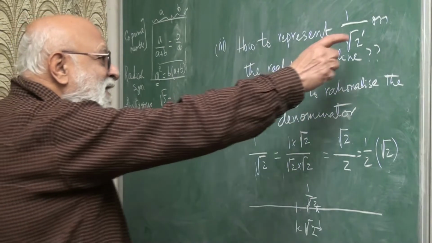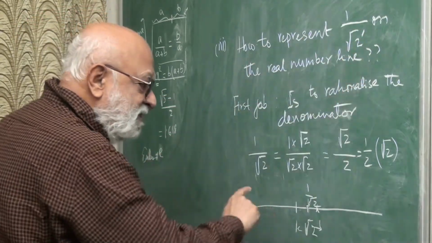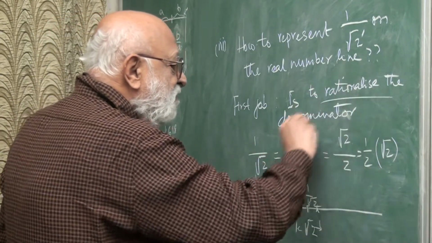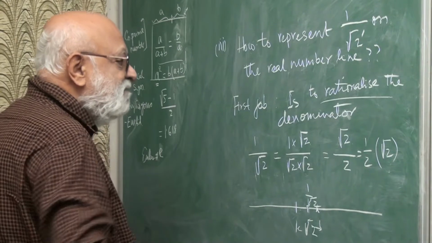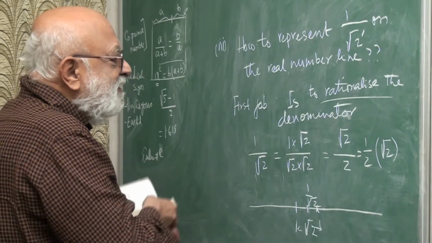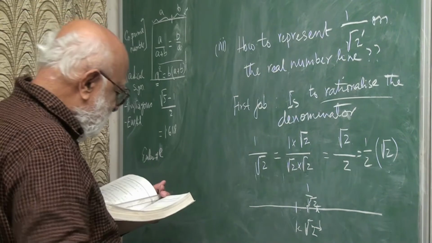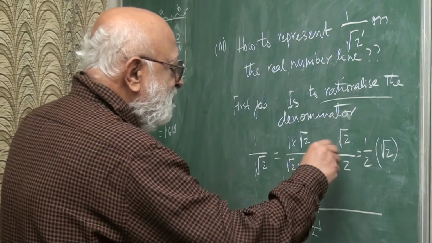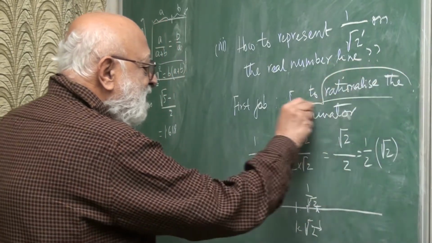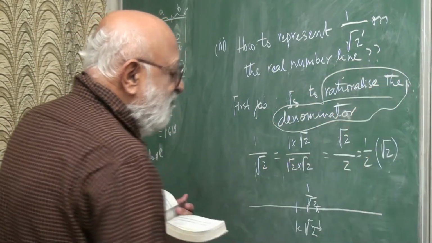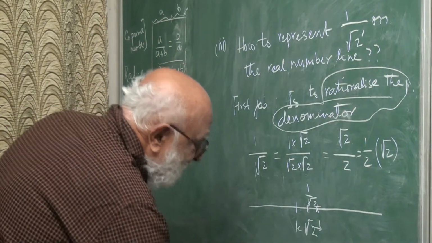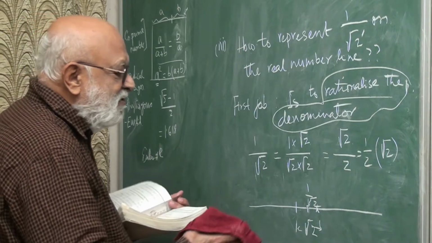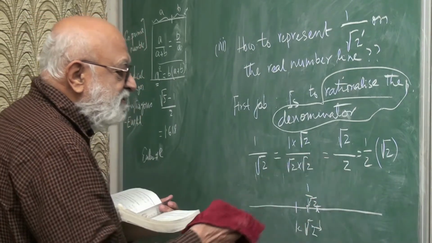So you can do any 1 upon root 3, you can do the same thing. You can again rationalize the denominator, and you can do the same thing. So this is one of the unique techniques of presenting this. Rationalizing the denominator is a very, very important part of dealing with roots, with radical signs.